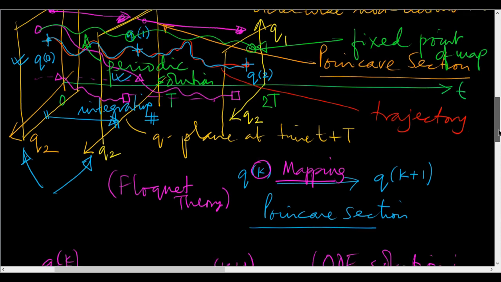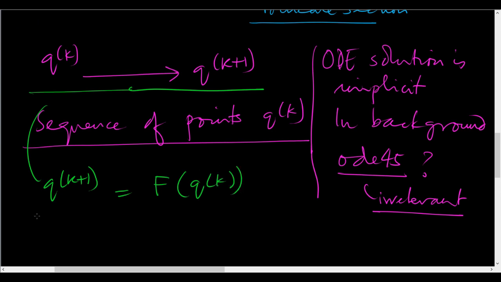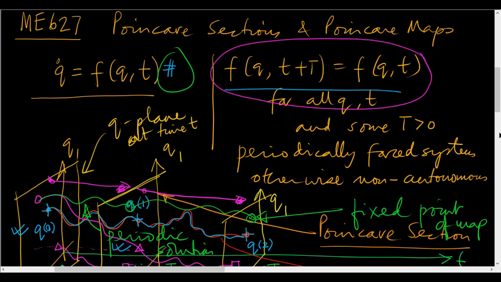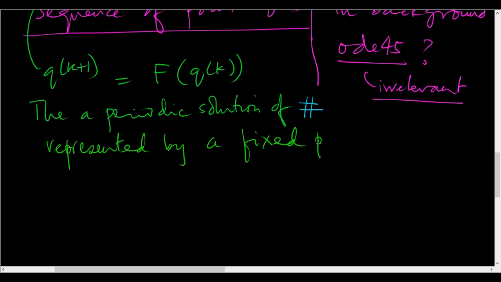Okay, so over here, if I think of this as q(k+1) equal to some function of q(k), then a periodic solution of this equation is represented by a fixed point of f.